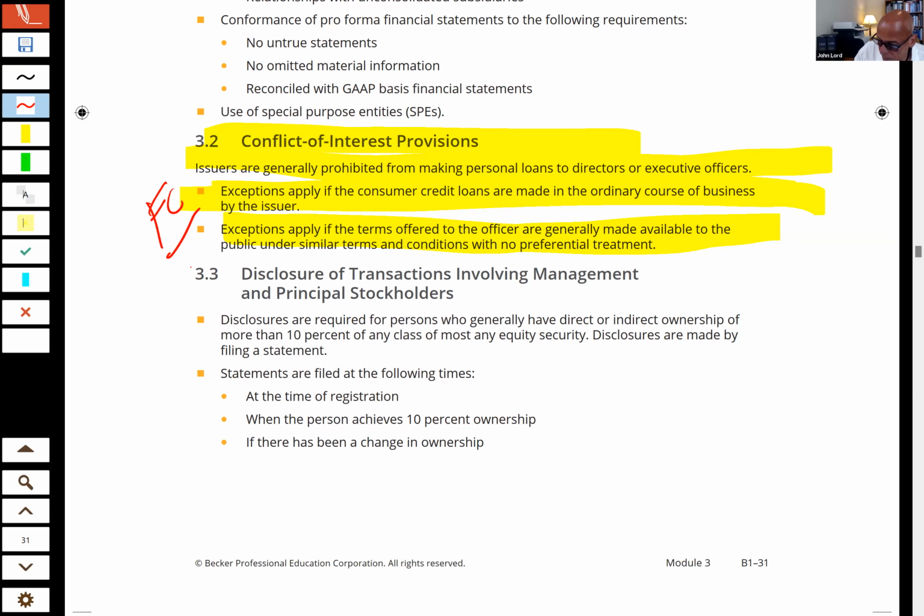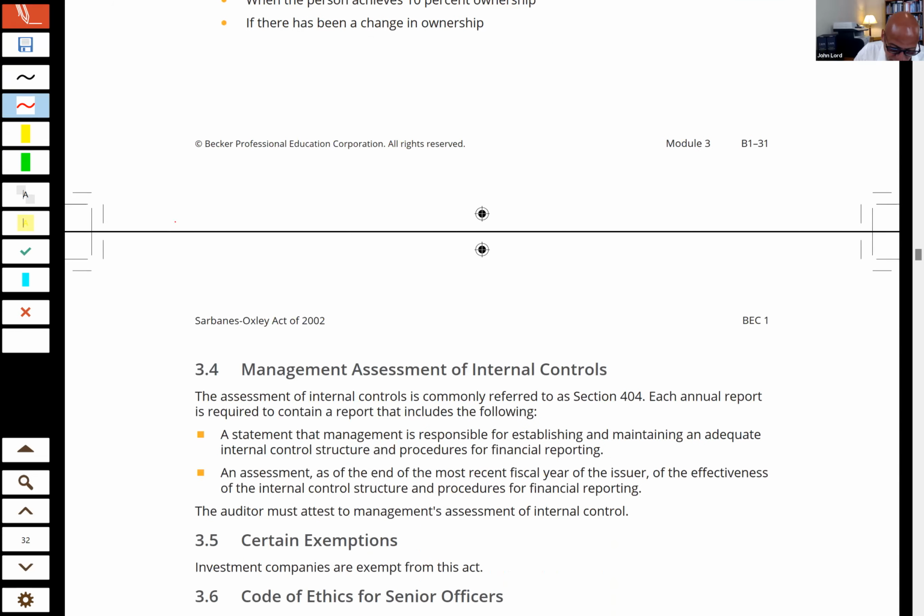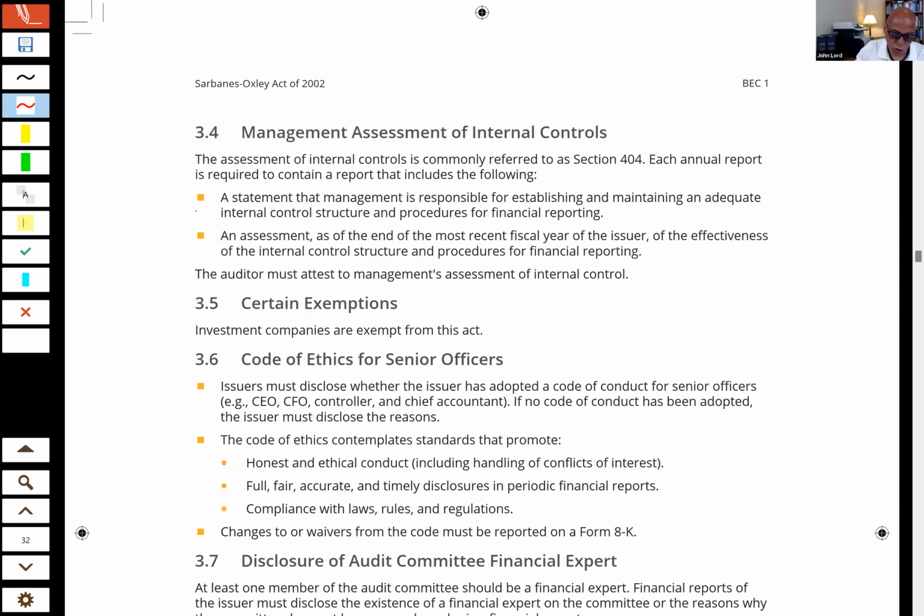Okay. Now you come down and we talk about management assessment of the internal control, and that's under Section 404 of Sarbanes, and that's the one that auditors and CPAs hear a lot about. Under that, management needs to state that they are responsible for the internal control, that they have made an assessment, and they have to give their assertion as to the effectiveness of that internal control.